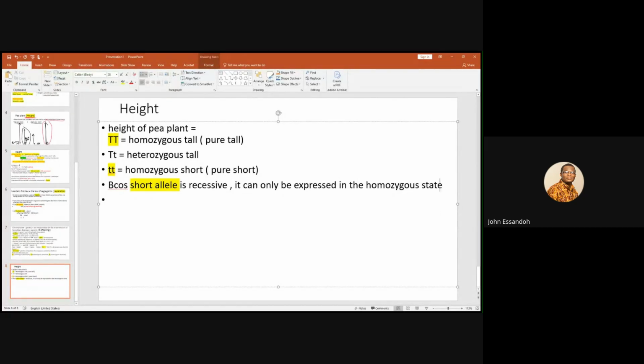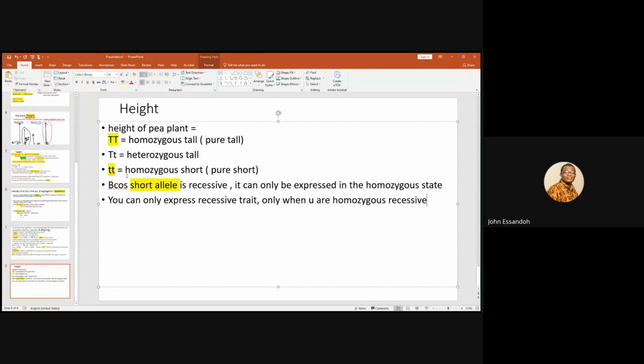Because you can only express the recessive trait when you are homozygous recessive, only when you have both.